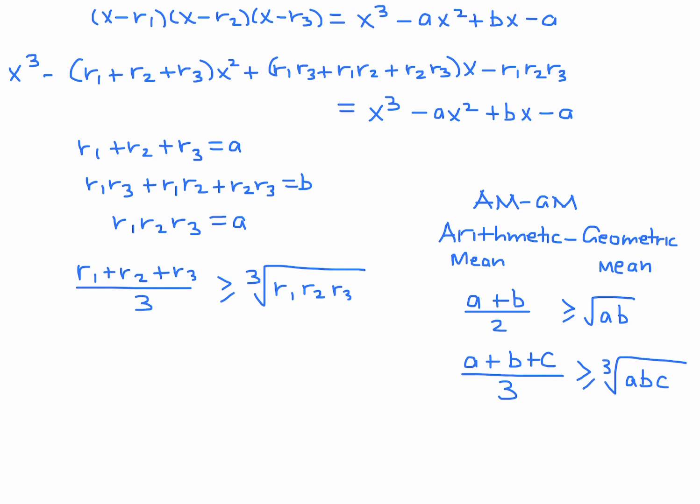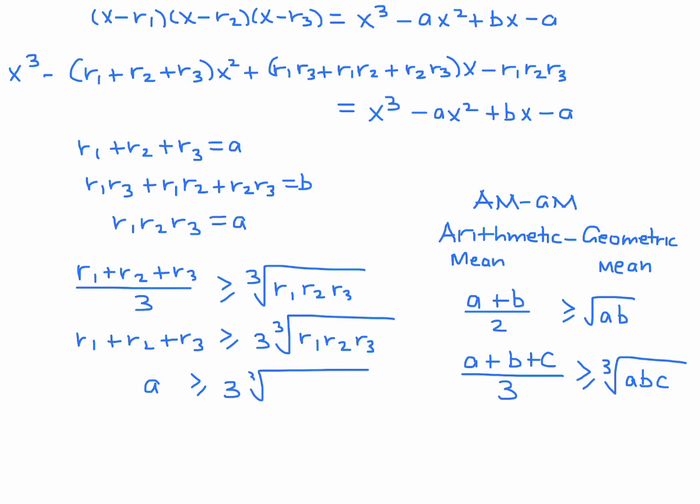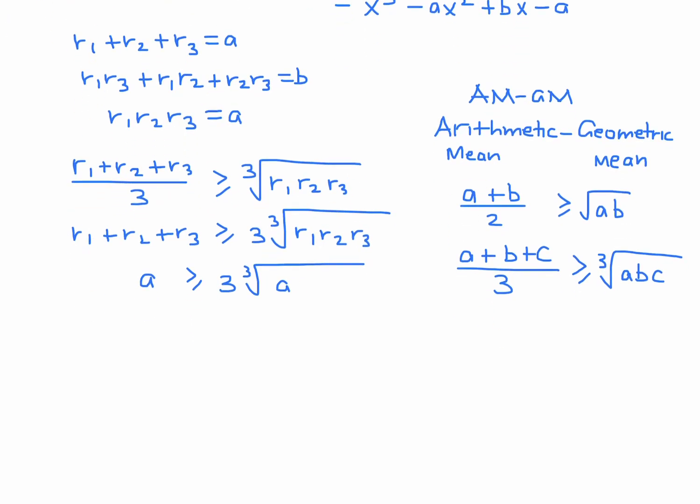The first thing we can do is cross multiply. R1 plus R2 plus R3 is greater than or equal to 3 times the cube root of R1 times R2 times R3. And then we might as well plug in the values of A. So this whole thing was A. So that's A right there. And then this is going to be 3 times the cube root of A, because R1 times R2 times R3 is also equal to A.